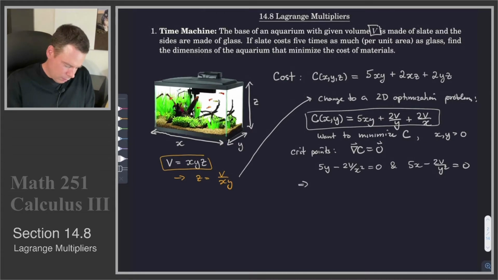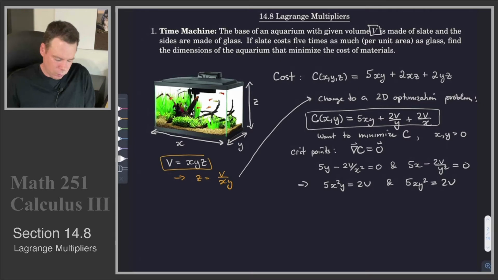This means that 5x squared y is equal to 2v, and 5xy squared is equal to 2v. So we need to solve these two equations for x and y. What we can do is we could divide the first equation by the second equation. That gives us that x over y is equal to 1, or in other words, x is equal to y.